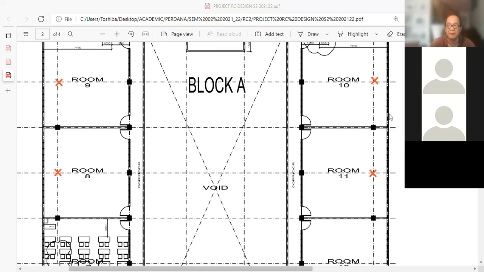Will stop at first floor, and which means at the roof level, the beams will now be spanning 9 meters, which is a big span, rentang yang besar. Tapi fortunately, at the roof level, tak ada slab lagi dah. There is no more slab. It is just void sahaja lah. Void.